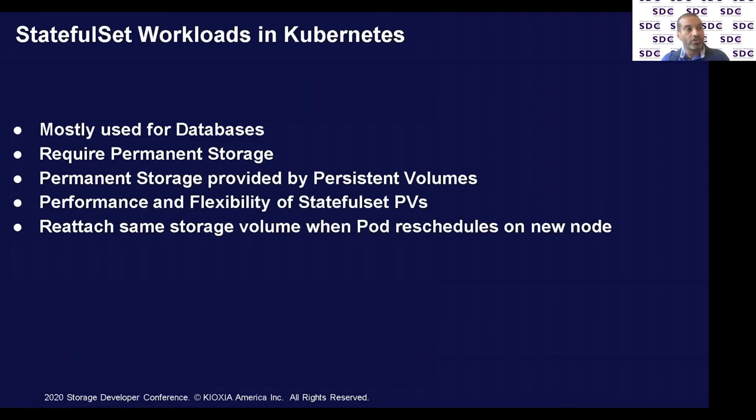This is my slow storage, this is my faster storage, this is my local storage, remote storage. All those can be in classes, and then containers or pods can request volumes from one of those classes. So when a pod reschedules to a new node, the storage or the persistent volume travels with it.